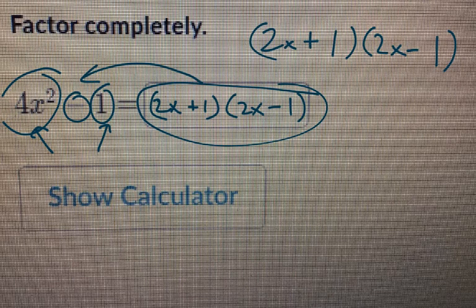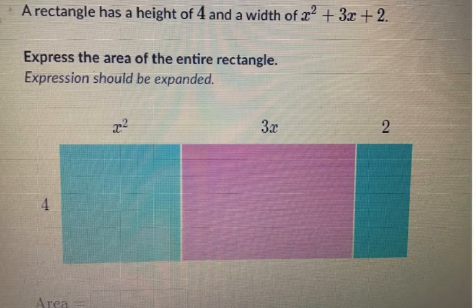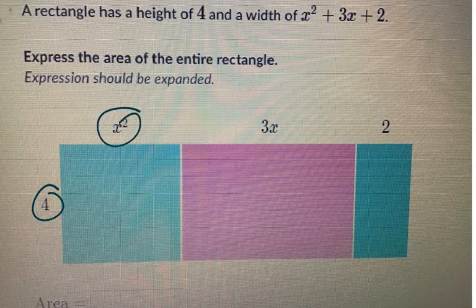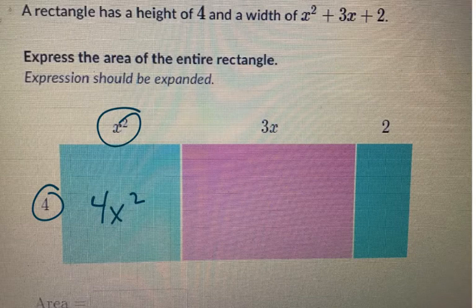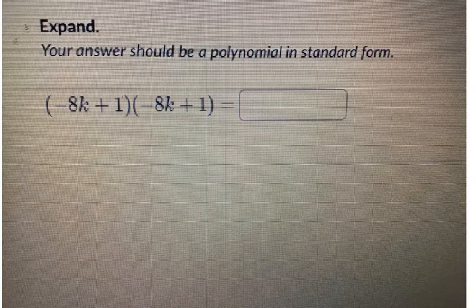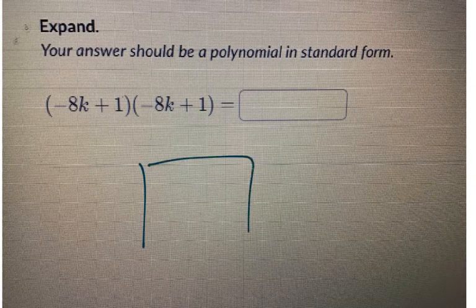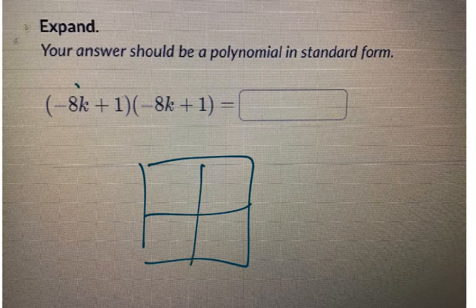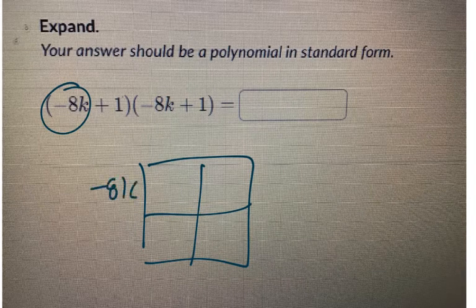There's the difference of 2 squares. Let's do at least 1 or 2 more. Guys, I hope you find this one easy. Like, you're just going to do 4 times x squared, 4x squared, and so on, right? So, if it's okay, I'll skip that one because that one should be easy. All right, this one here, set up your box. Be careful of the negatives.